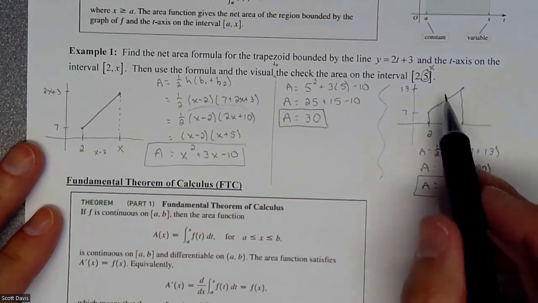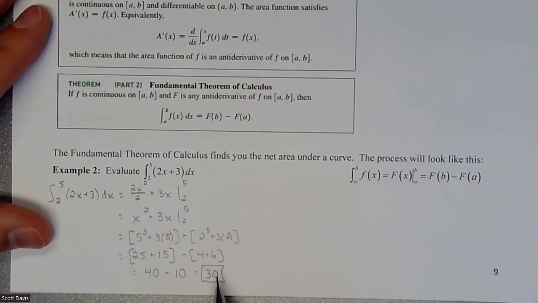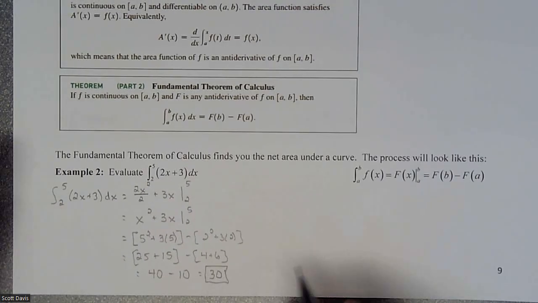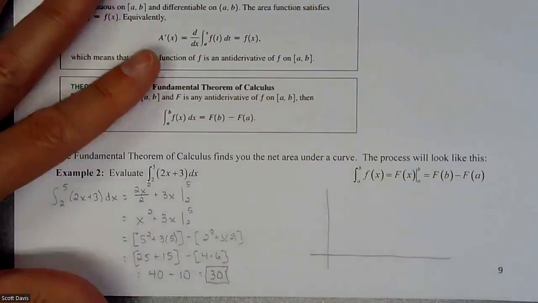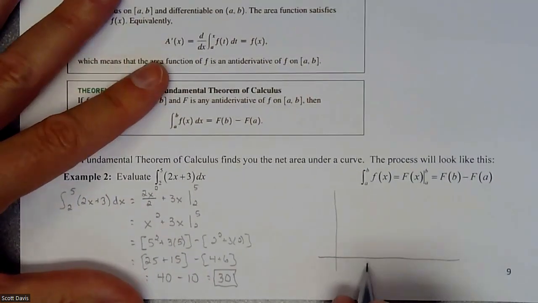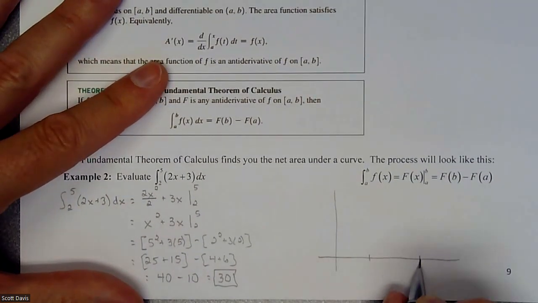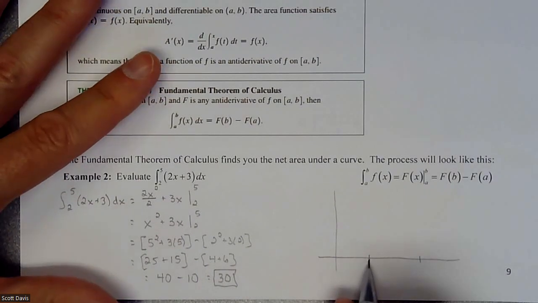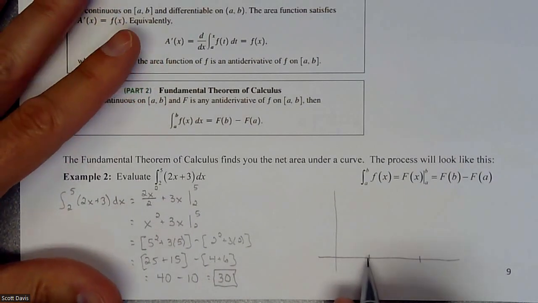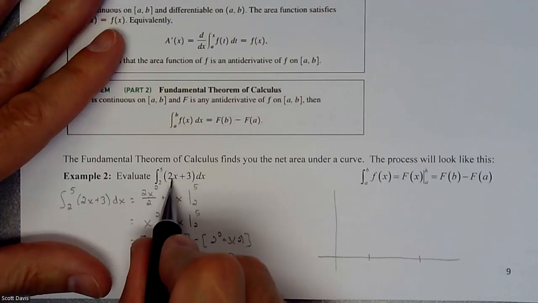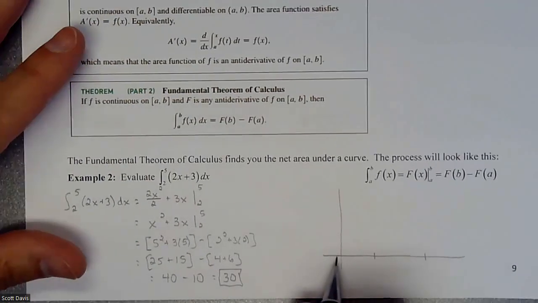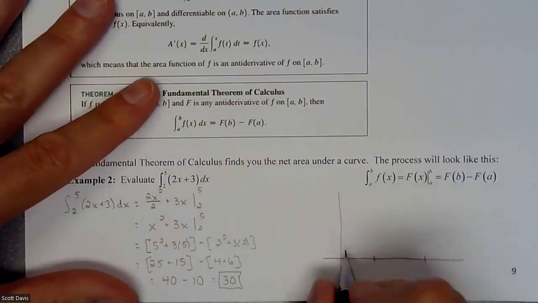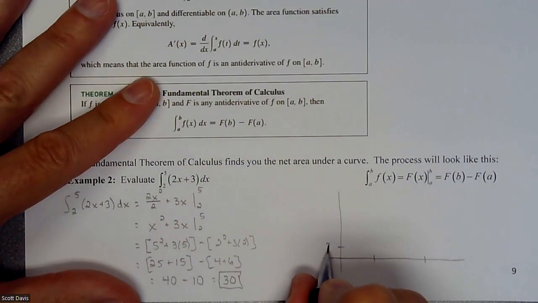I want to go back to this and talk about what's happening. Why does this work the way it does? If I draw this up, the values that I would need are the 2 and the 5. When I plug in 2, we get 2 times 2 plus 3 equals 7. But I also want the 0. If I plug in 0, I get 0 plus 3, which is 3.